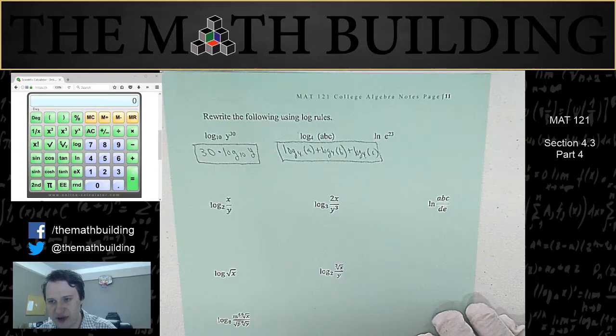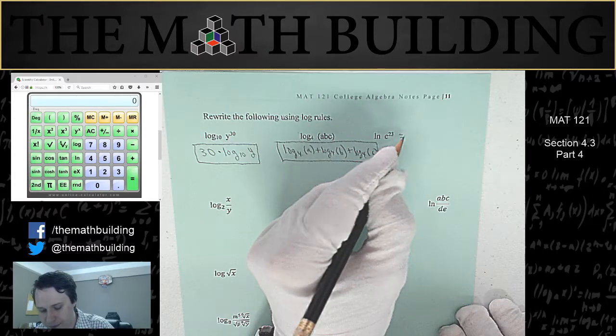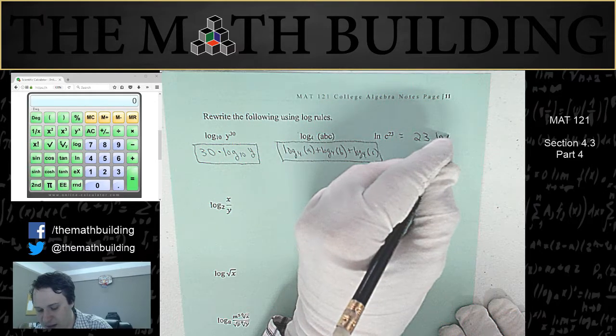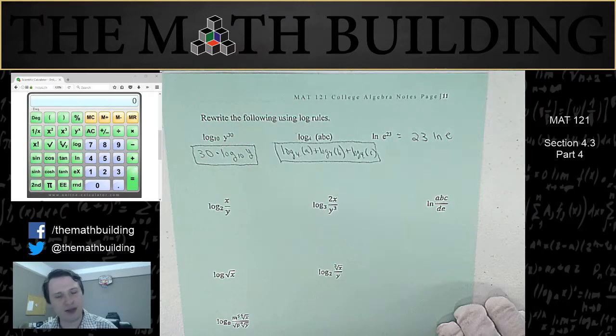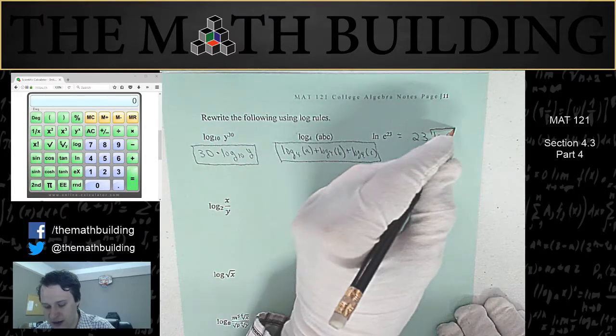All right, let's simplify the natural log of e to the 23. Like the previous example, we can bring the 23 down. So this is equal to 23 natural log of e, or e to the 1. That's the answer, but we can simplify it a little bit more, because what is the natural log of e?